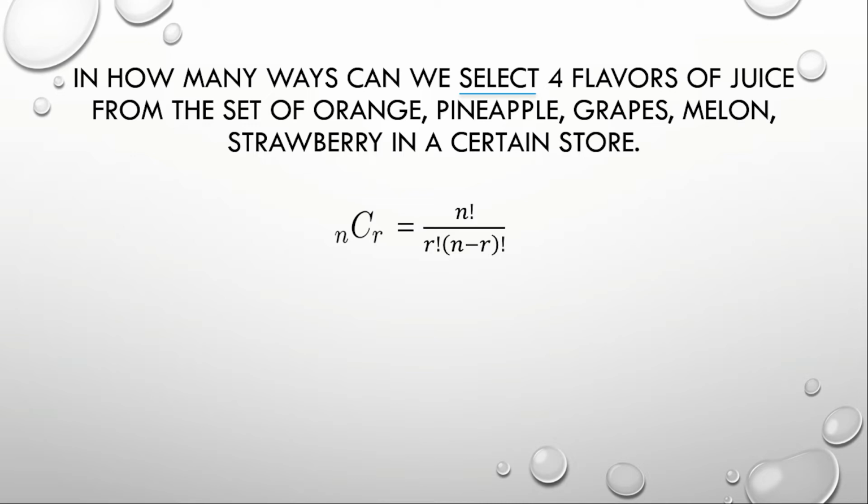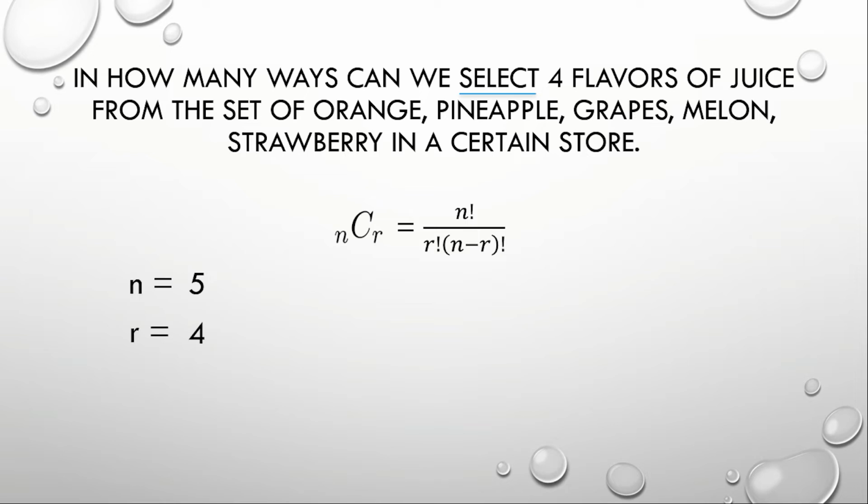Here, class, we're going to identify first the values of n and r. The value of n is equal to 5 since we have the set of orange, pineapple, grapes, melon, and strawberry. And r is equal to 4 since we are going to select 4 flavors.